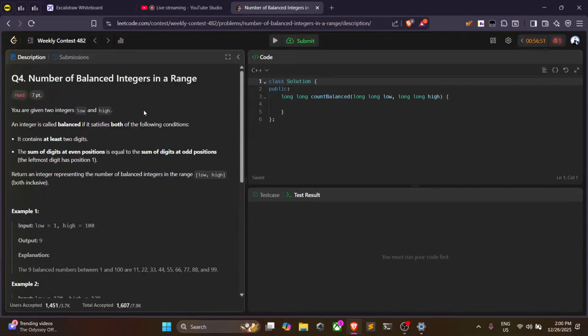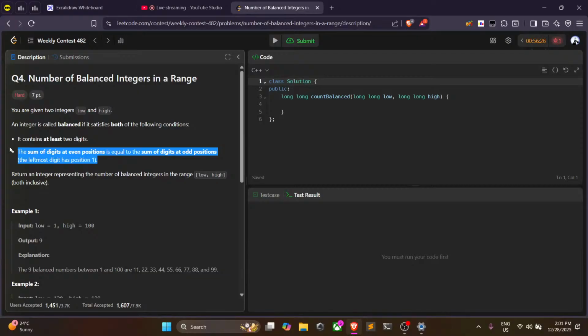It contains at least two digits. The sum of its digits at even positions is equal to the sum at odd positions. Return an integer representing the number of balanced integers in this range.